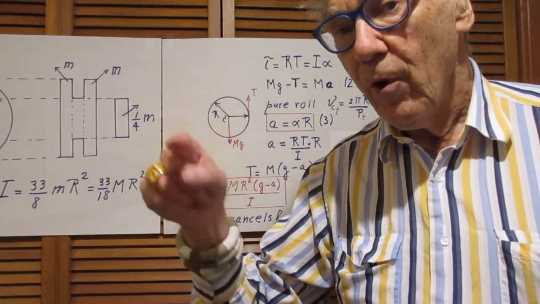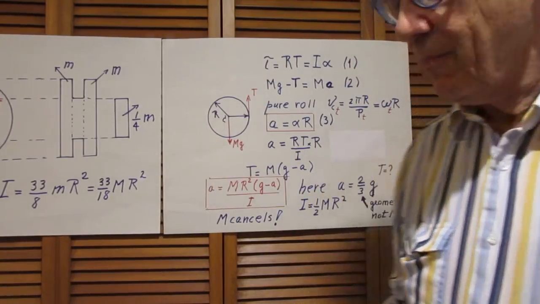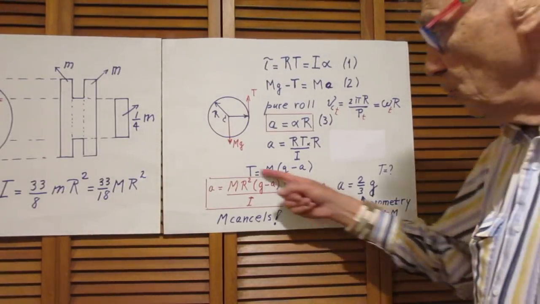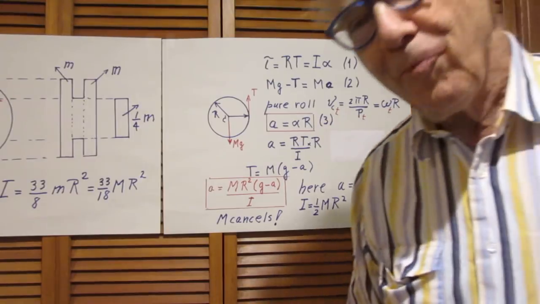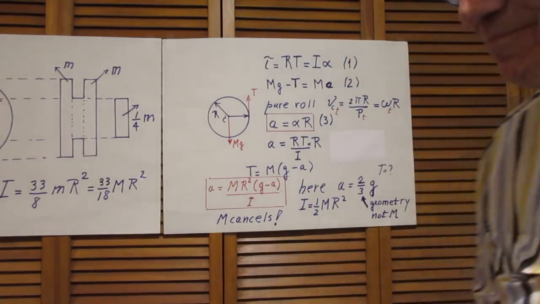That's the one where the string is wound around. So all we have to do is use this equation, we have to use capital I. That's why I calculated capital I with you already.